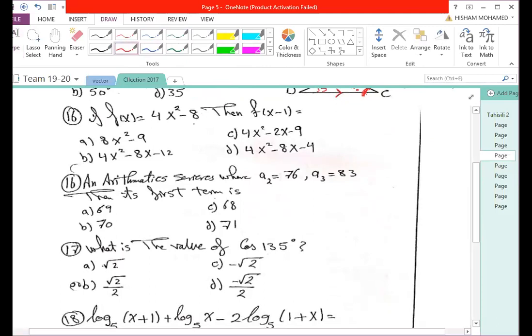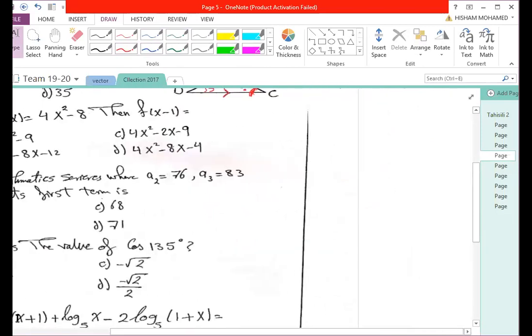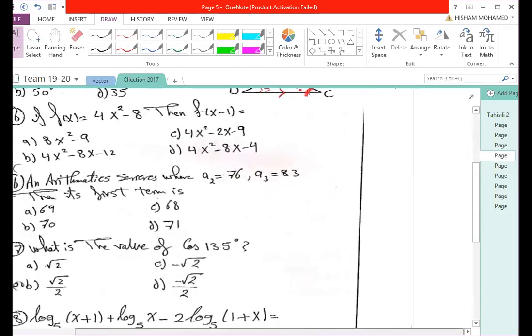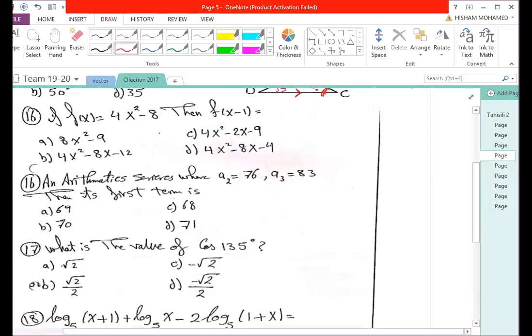If f of x is equal to 4x minus 1, and we want to find f of x minus 1, the meaning of f of x minus 1 here is to replace x in the equation with x minus 1. So 4 multiplied by (x minus 1) squared minus 8. So it's 4, and (x minus 1) squared is first squared, second squared, and first by second by 2, minus 8.